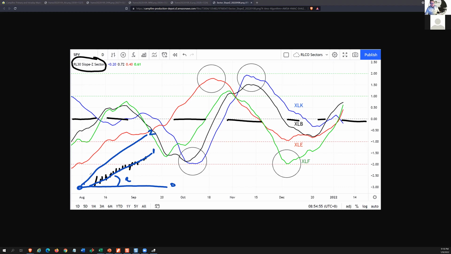All things being equal, I'd rather own 2 than 1, because it's going up faster and farther, and angle B is bigger than angle A. So better slope is better. Higher slope is better. Better is better. It's technical.